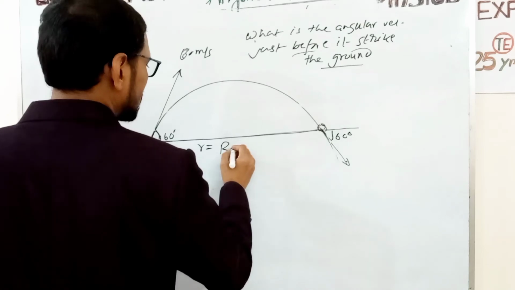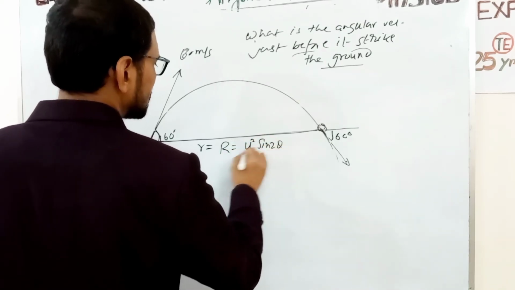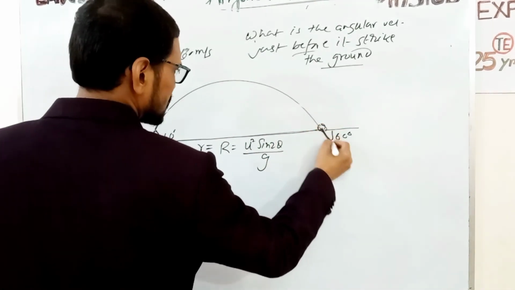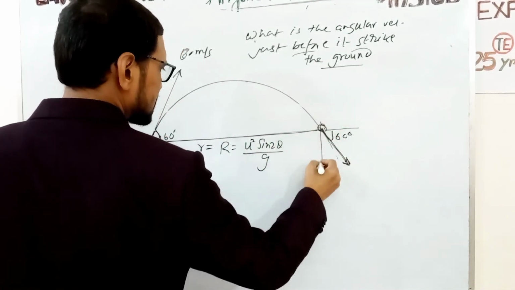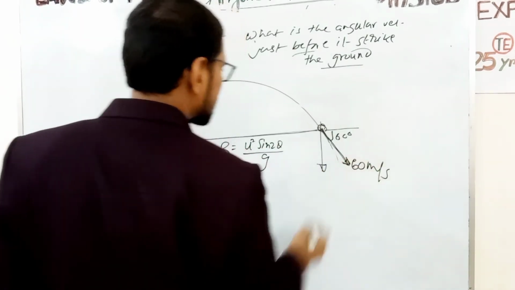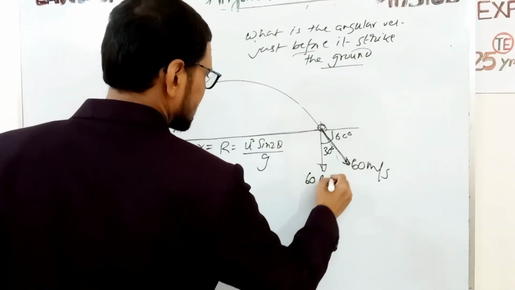Now we calculate the range equal to u square sin 2 theta by g. This is the range. Now what is the perpendicular component? If this is 60 degree, then this is the velocity 60 meter per second, and this angle and this angle will be the same, u cos 30 degree.